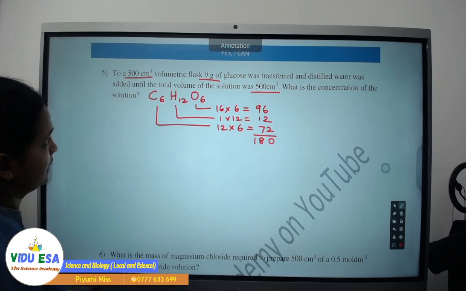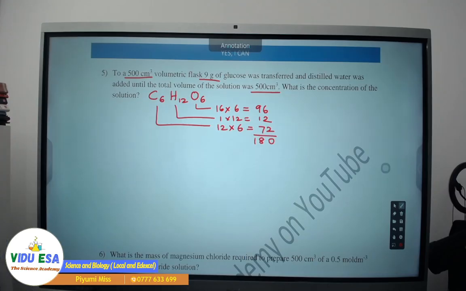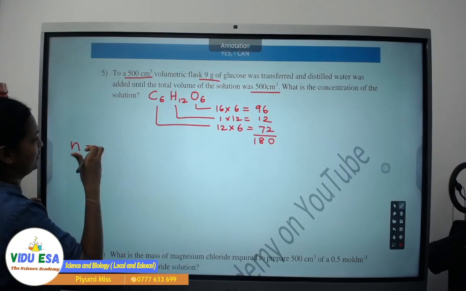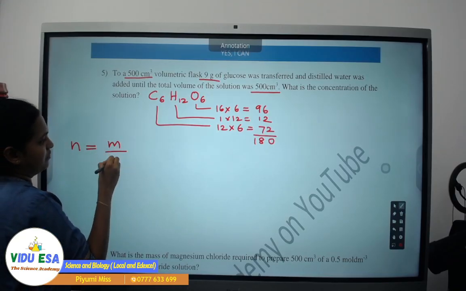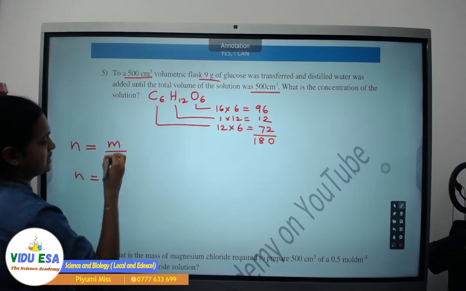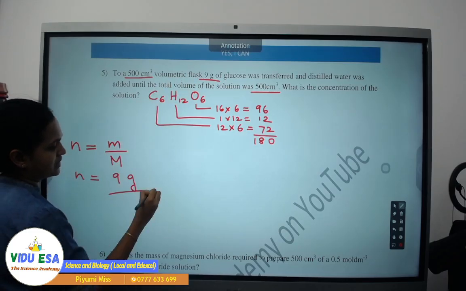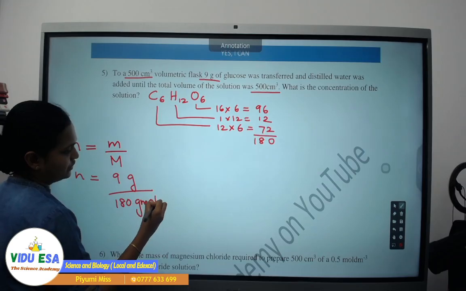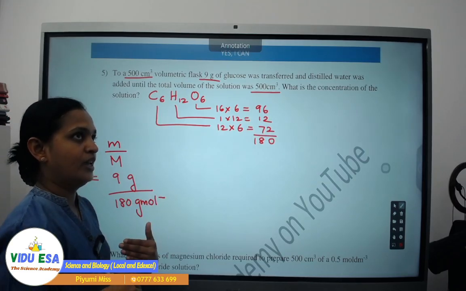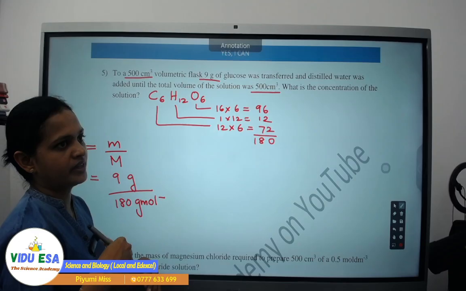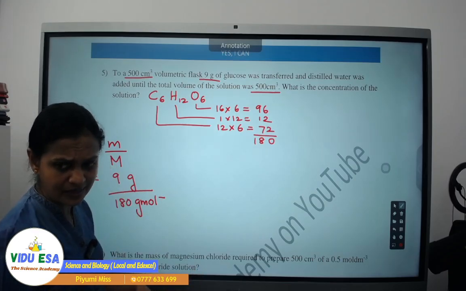Now we start with the mass and have to find the number of moles. We are doing the calculation in reverse: mass divided by molar mass. The mass is given as 9 grams and the molar mass is 180 grams per mole. Don't memorize these; understand from the given data. If we are given the mass, we find the number of moles. If we are given the number of moles, we calculate the mass.